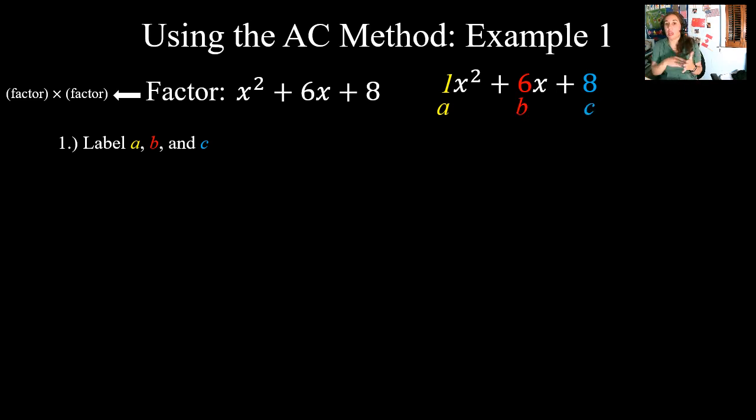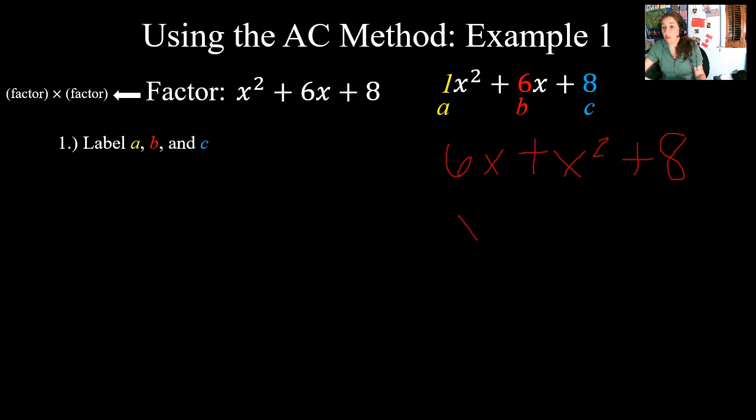So remember, those A, B, and C, they just stand for the coefficients, okay, of your terms, right? And your trinomial should always be written in descending order. If it's not, you should rearrange it so you don't mix up those A, B, and C's. Like if this had been 6x plus x squared plus 8, well, it's the same trinomial, but you'll notice that it's not in descending order, right?